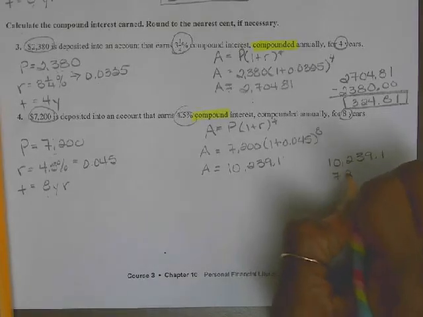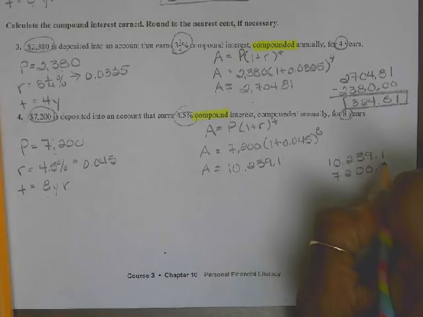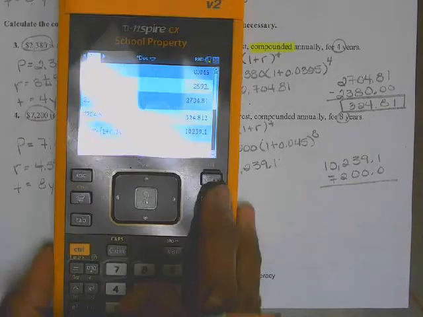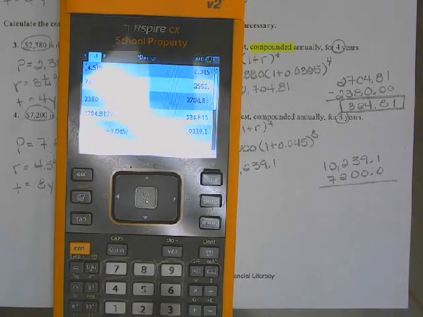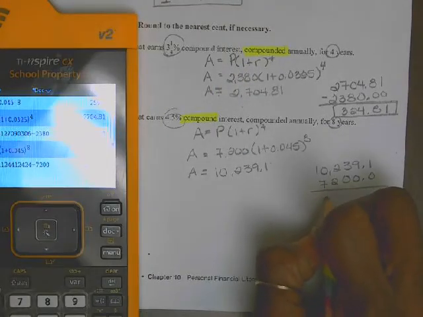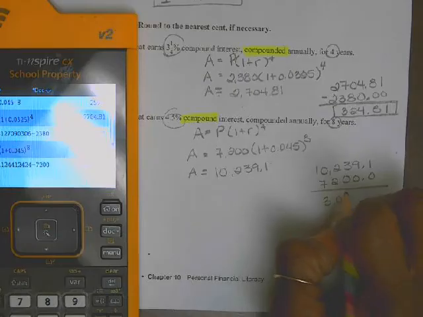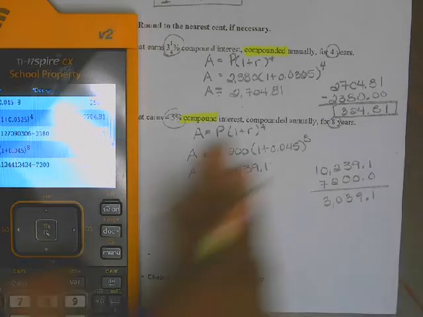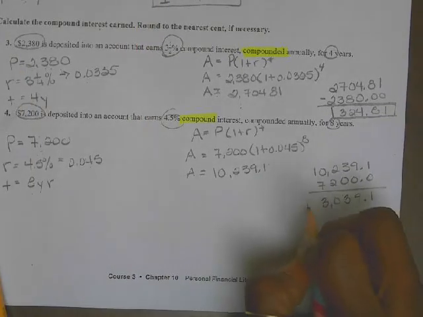So 7200, and you can do that in your calculator. And I get 3,039.1. So this is how much the actual interest earned was.